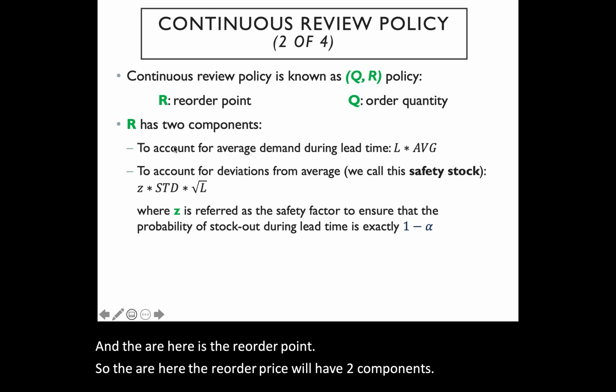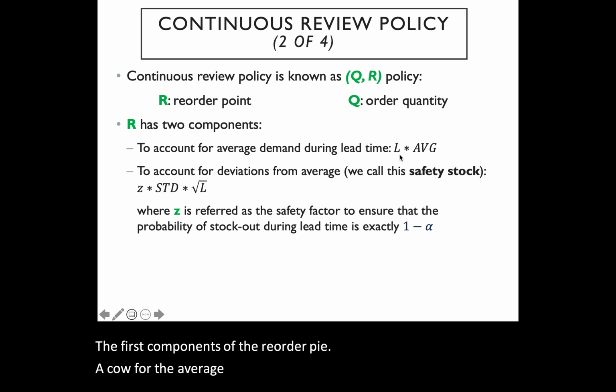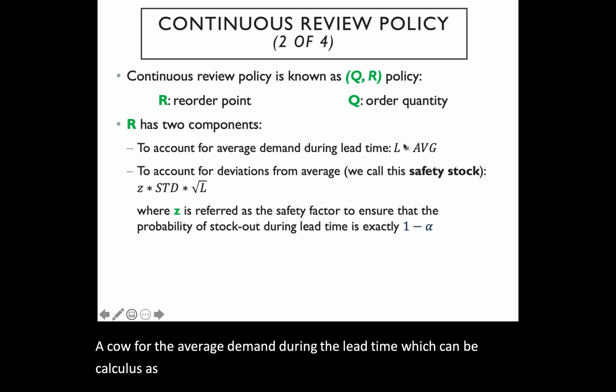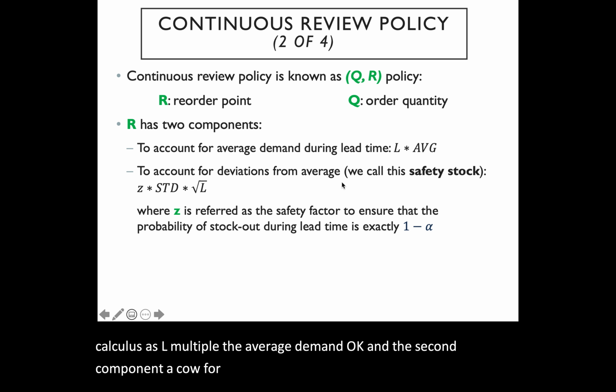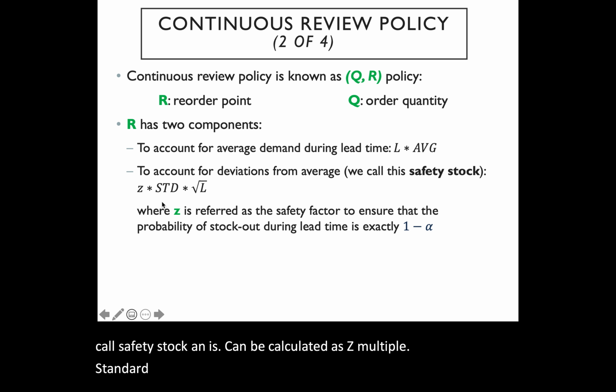The first component of the reorder point accounts for the average demand during the lead time, which can be calculated as L multiplied by the average demand. Okay, and the second component accounts for deviation from the average, which we call safety stock, and it can be calculated as Z multiplied by the standard deviation of demand multiplied by the square root of lead time.